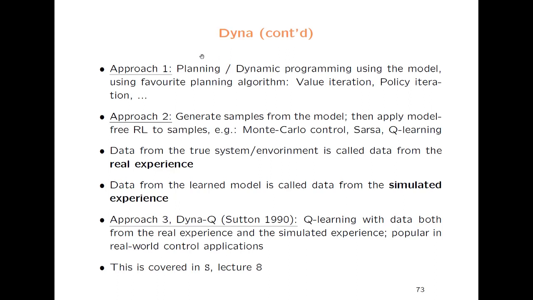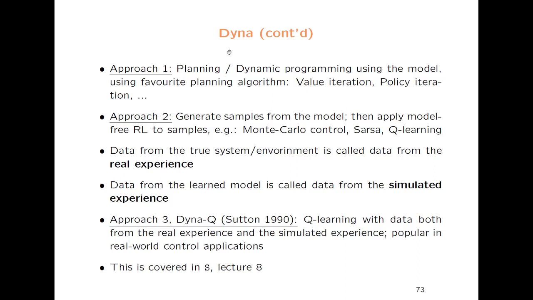So approach 1 in Dyna, which probably comes from dynamic programming, is to do the modeling and then simply use the learned model in value iteration or policy iteration in the way we discussed last time, in the first lecture. Approach 2 is sampling data from the model, and maybe then also mixing in data from the new simulation.